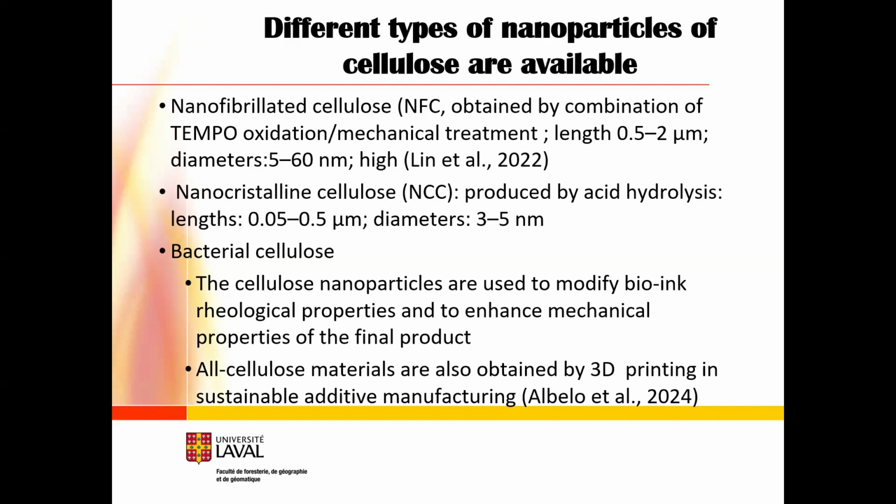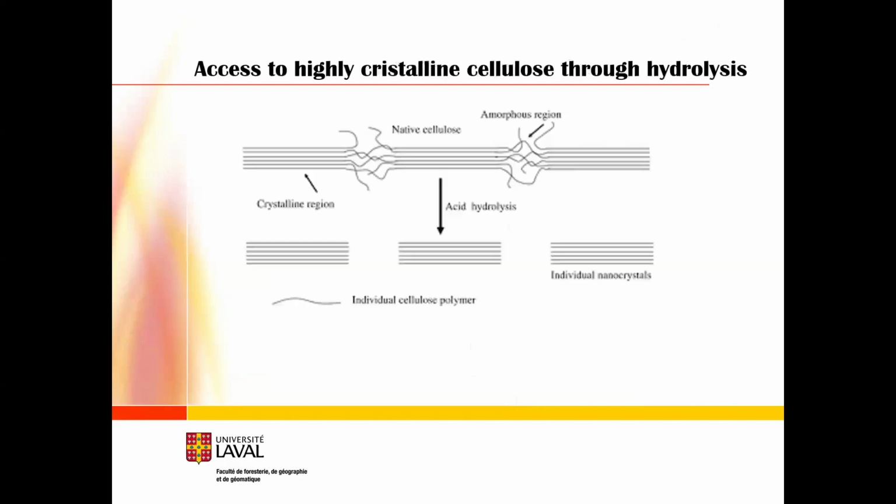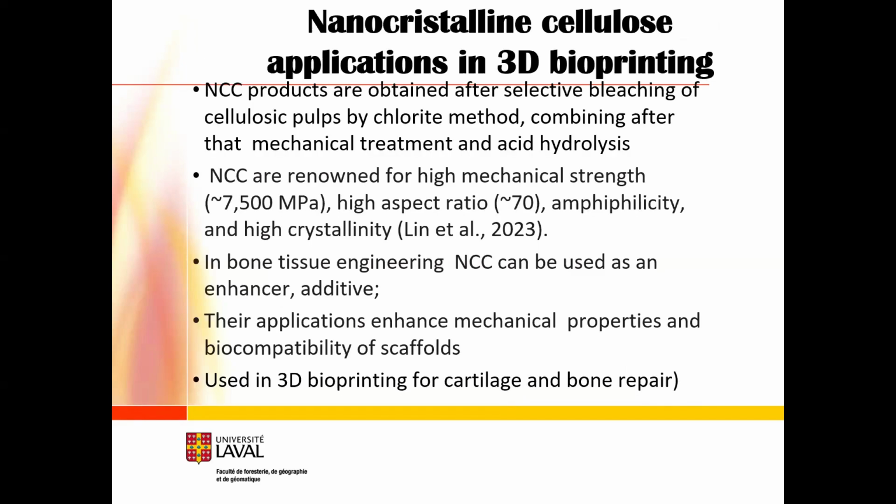And that's how the nanofibrillated cellulose is produced by combination of TEMPO oxidation and ultrasonication. And then nanocrystalline cellulose is usually produced by harsh conditions and application of hydrolysis. Well, that's how we get rid of the amorphous portions and get only the crystal ones.